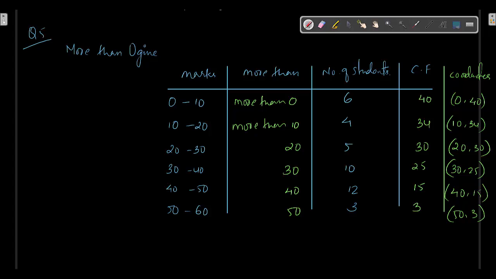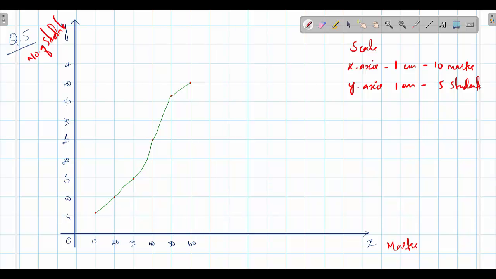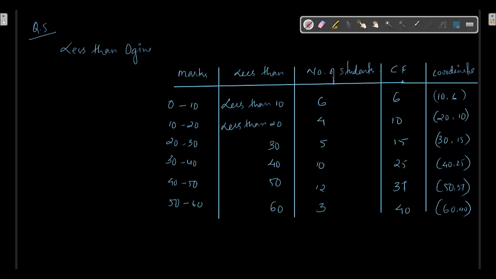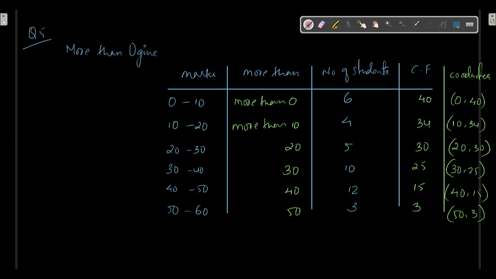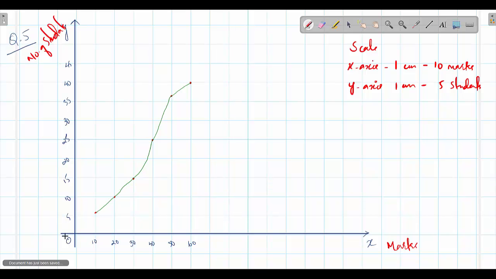Here, more than 0 is 40. So you have to plot your points here. Let's take a different color.